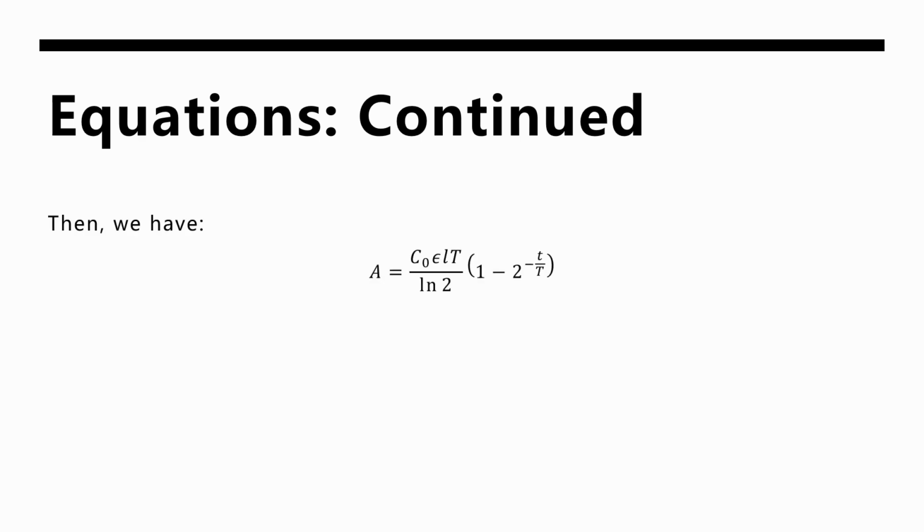Then we have A equals C0 epsilon L T over ln2, the entire thing times 1 minus 2 to the power of negative t over T. Or more simply, since the bunch of stuff on the left are just constants, A is proportional to 1 minus 2 to the power of negative t over T.